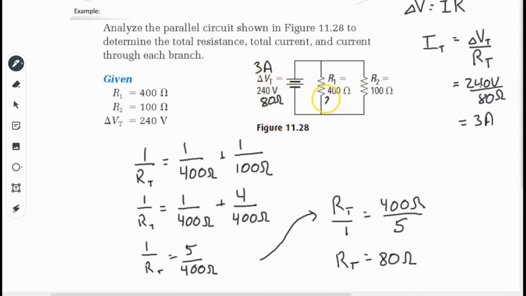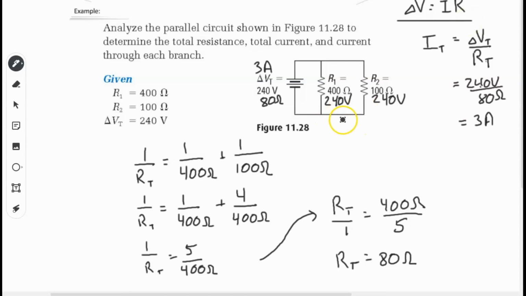So I know this is going to have 240 volts going through it, and this is going to have 240 volts going through it. So now that I have two pieces of information for each resistor, I can go back to Ohm's law to figure out the missing third piece, which is again current.